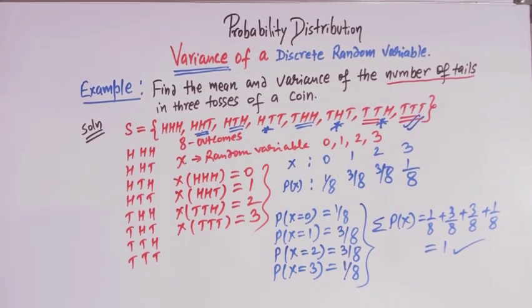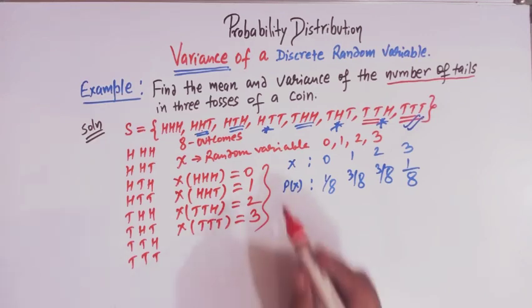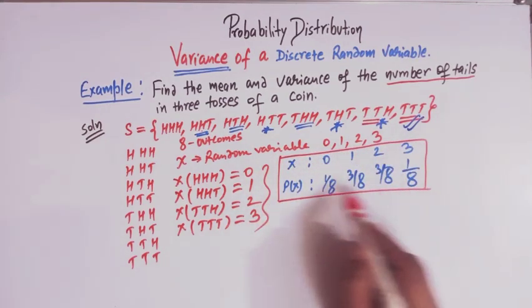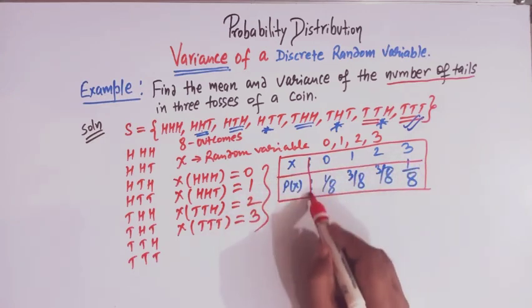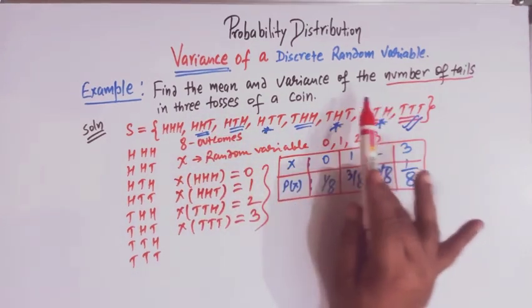So this is the probability distribution for x, and we have to find the mean and variance.